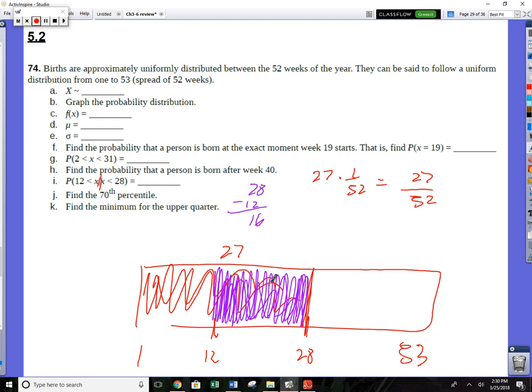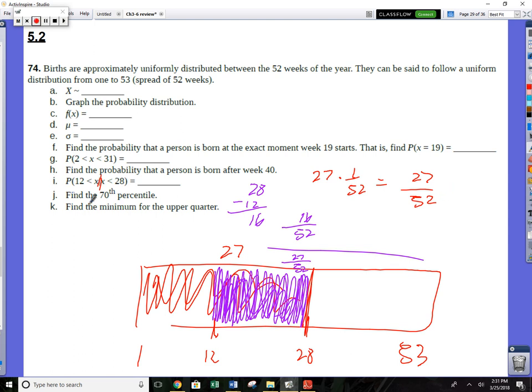So it is 16/52 out of the 27/52. So just this portion out of the whole 27/52 portion. And whatever that is, you're in business. Because you're not going out of the entire rectangle, you're only going out of this portion of it. Only out of 27 of the 52nds, not 52 of the 52nds, if that makes any sense.